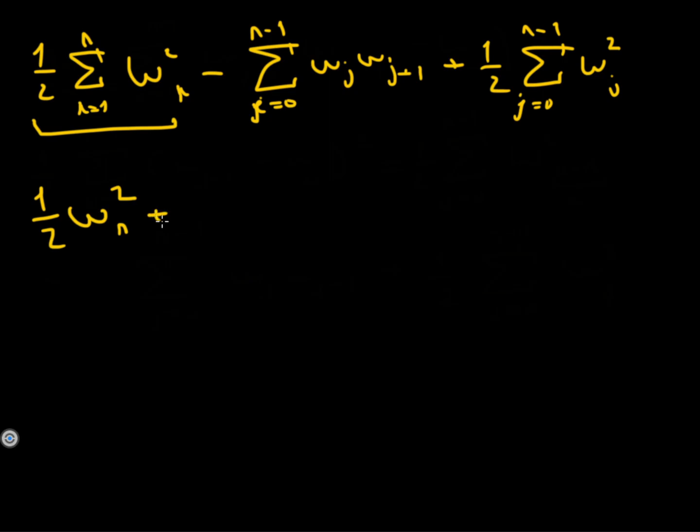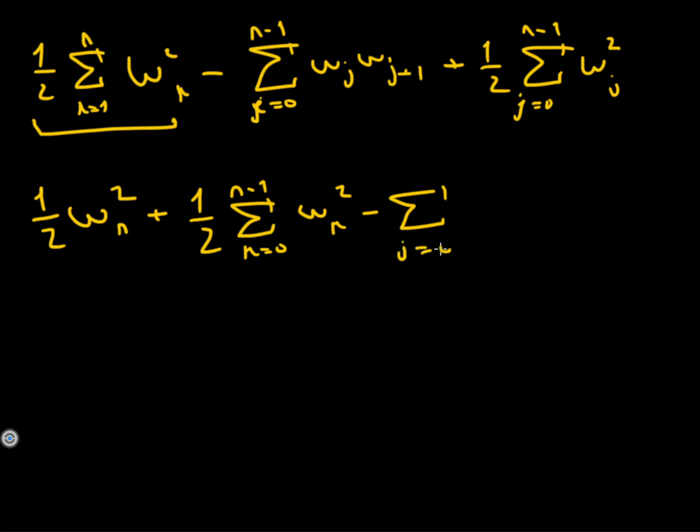So now what we have is 1 over 2 summation k equals 0 to n minus 1 of wk squared, minus summation j equals 0 to n minus 1 of wj plus 1, plus 1 over 2 summation j equals 0 to n minus 1 of wj squared. Alright, now we have this.